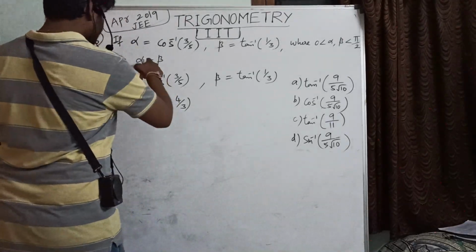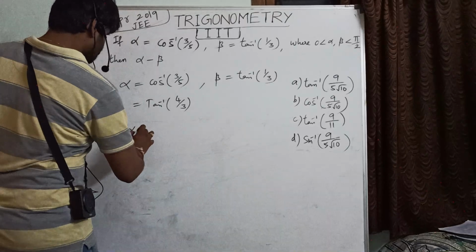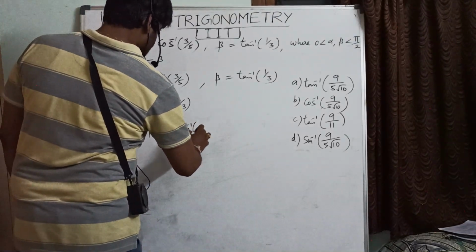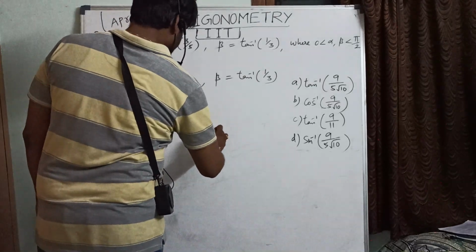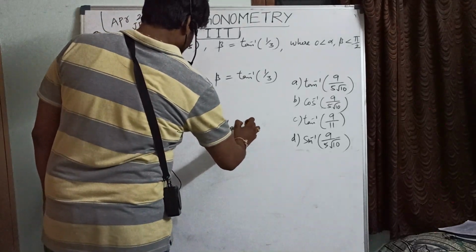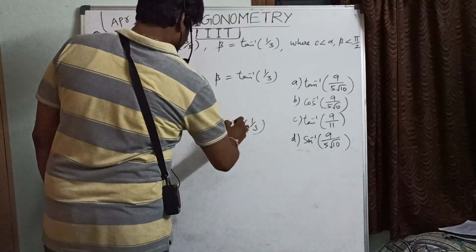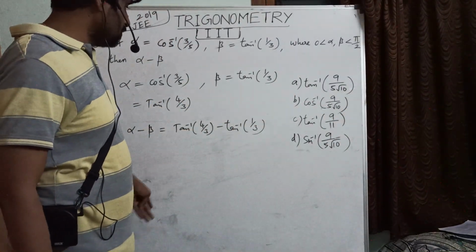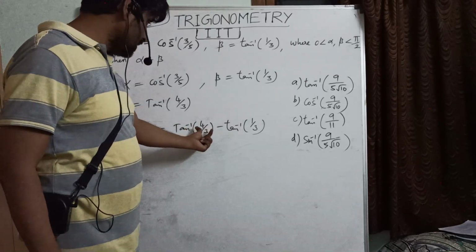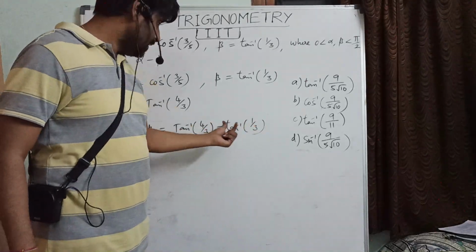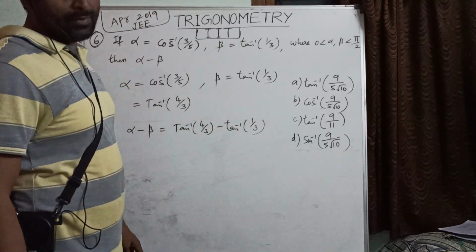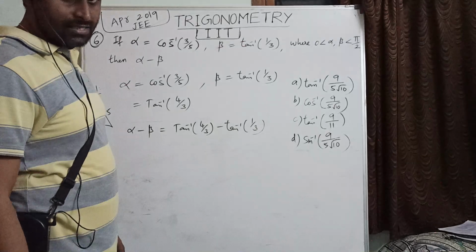Now we are going to find alpha minus beta here. Alpha minus beta means tan inverse of 4 by 3 minus tan inverse of 1 by 3. So tan inverse of x minus tan inverse of y. But before that we have to check the xy value. So this is x, this is y. If you multiply these two, what will you get? 4 by 9. So 4 by 9 is greater than minus 1 or not?